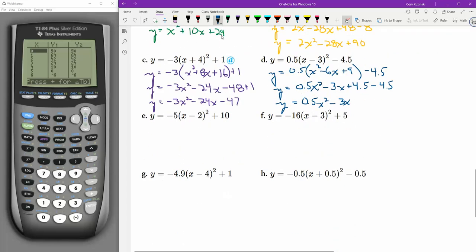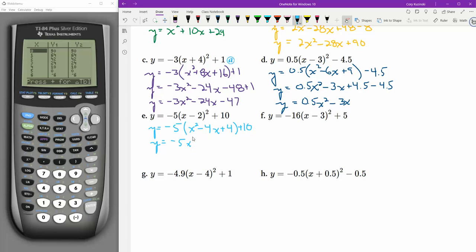4 more to go. My hand's getting tired. All right, y equals negative 5 times x minus 2 squared would be x squared. Negative 2x and negative 2x makes negative 4x. And then 2 squared makes 4. And then we'll add 10 to that. Distribute the negative 5.